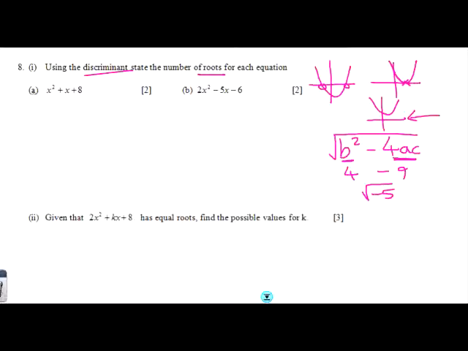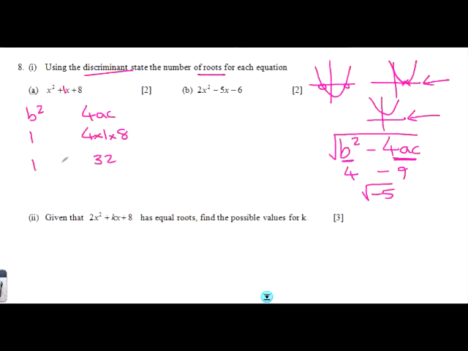and that's basically it. And if they were equal to each other, the b squared and the 4ac, you would have this example. So b squared is 1 squared, and 4 times 1 times 8, well that's 32.